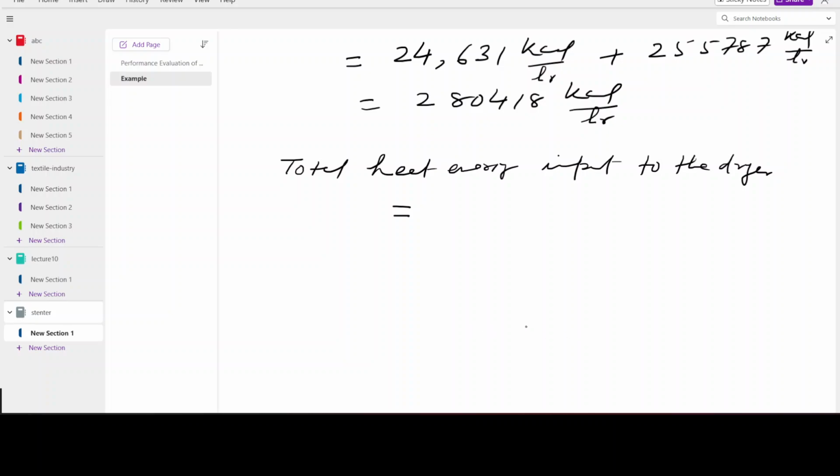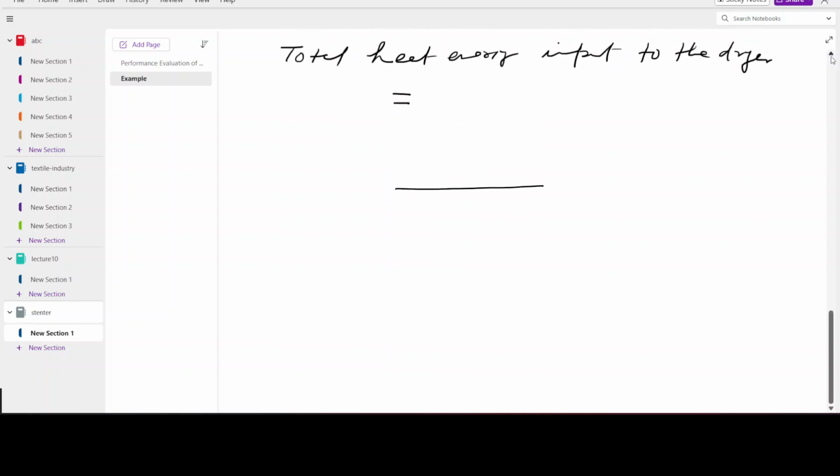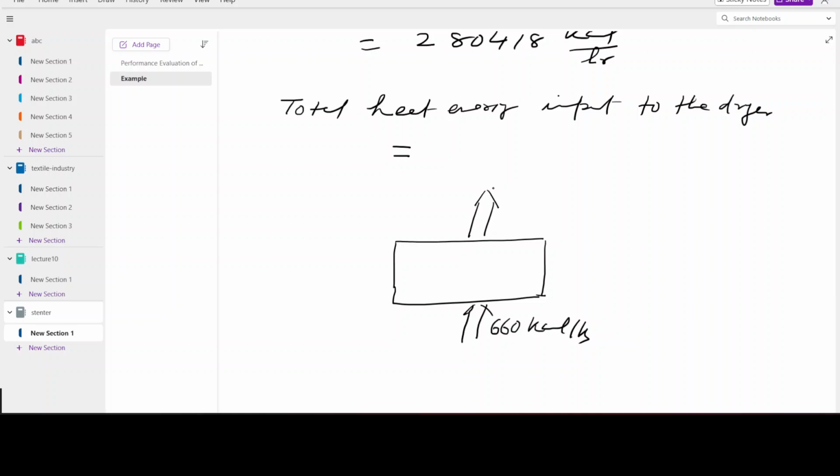It is given that the steam supplied to a Stenter has an enthalpy of 660 kilocalorie per kg, and after the process it comes out at 90 degree centigrade.